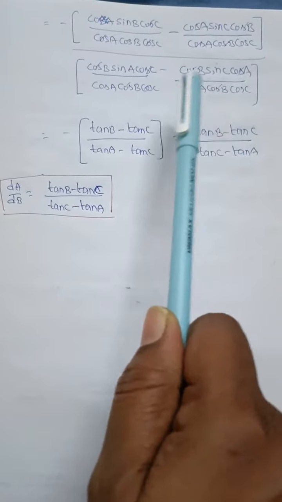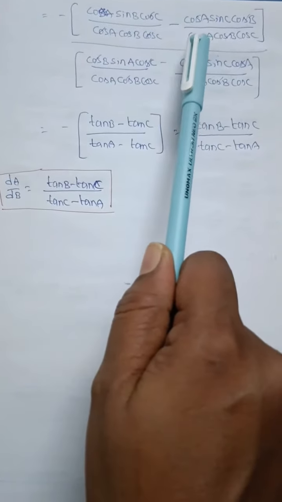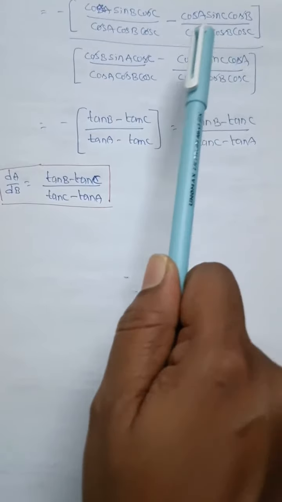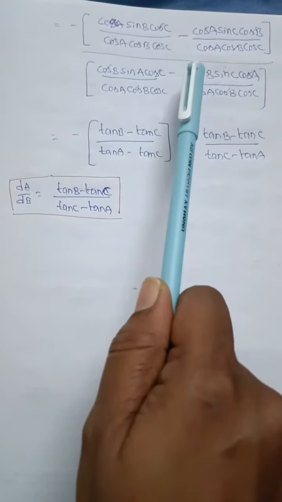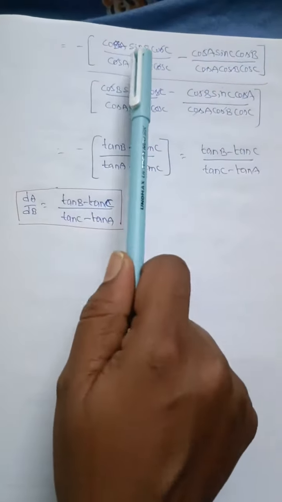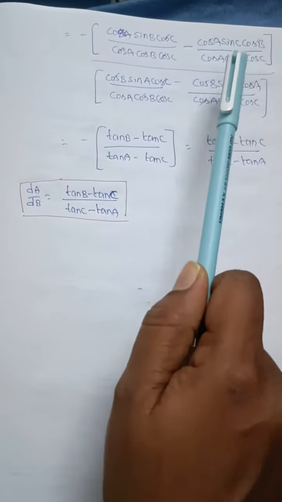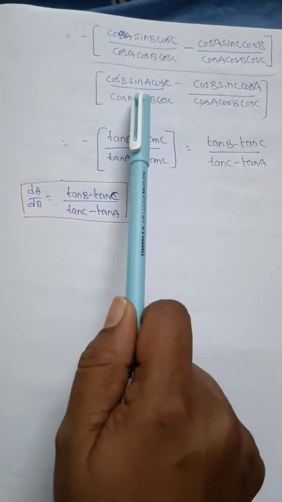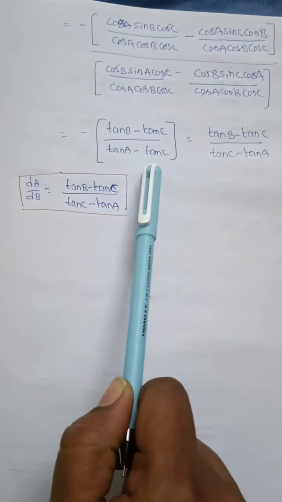Write it separately. Here the cos a cos c terms are cancelled, cos a cos b are cancelled, cos b cos c are cancelled, and cos b cos a are cancelled. The remaining terms are sin b by cos b, that is tan b, sin c by cos c, tan c, sin a by cos a, tan a, minus sin c by cos c, tan c.